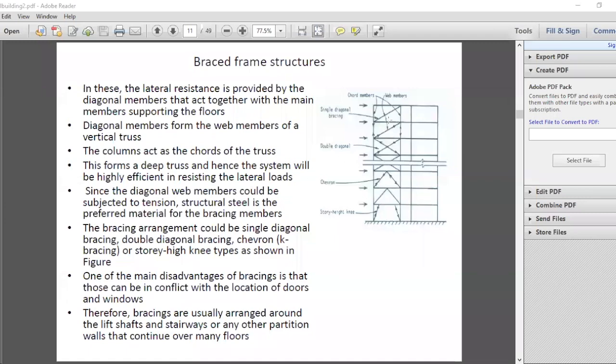And then you also see there are diagonal members, and these diagonal members can be subjected to tension or compression depending on the direction of the load. Because of that, we prefer steel for diagonal members.